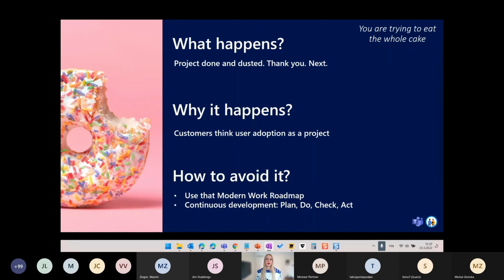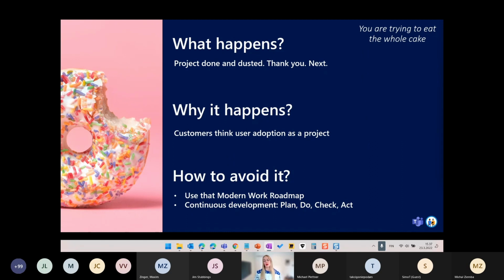And it's because we still think of user adoption as part of the technical implementation project. Whether it should be more like a continuous development plan and continuous development project. Is that the thing? I don't know.